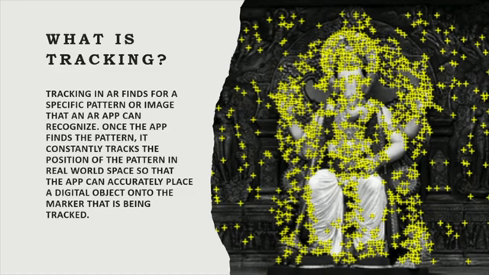Our app has tracked that the current position of the marker is 10 units from the center, and placed the object there again. If you try to move it, the object will also move along with it, and it will be really smooth. So that's how tracking helps in marker based augmented reality.